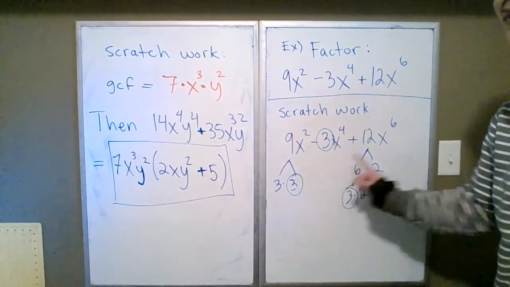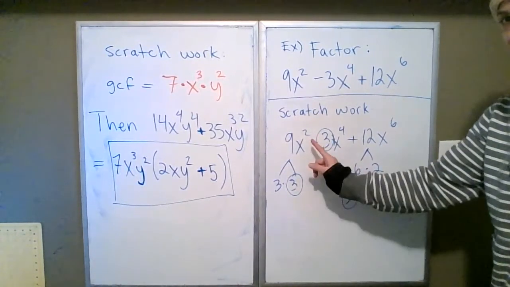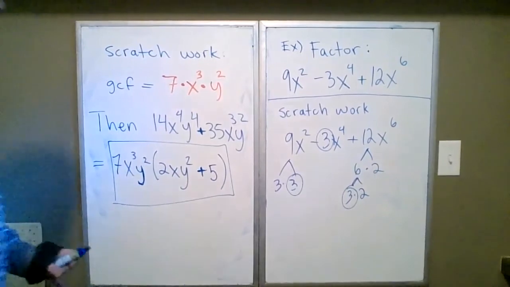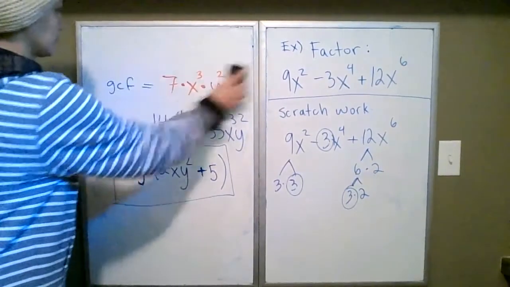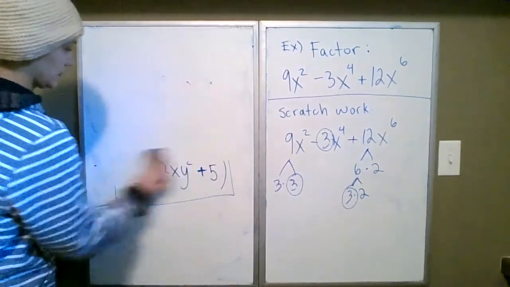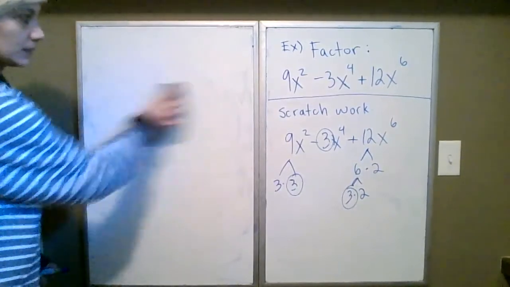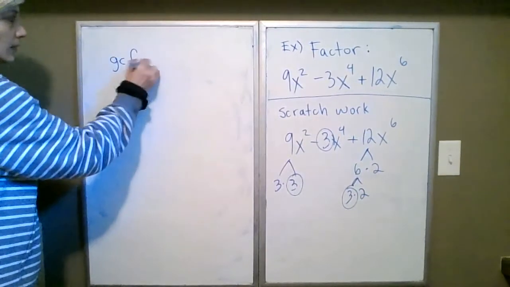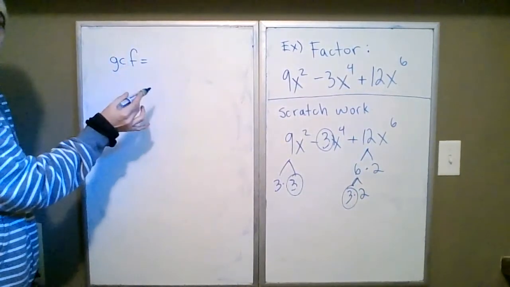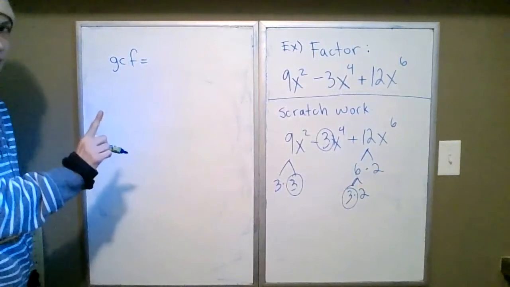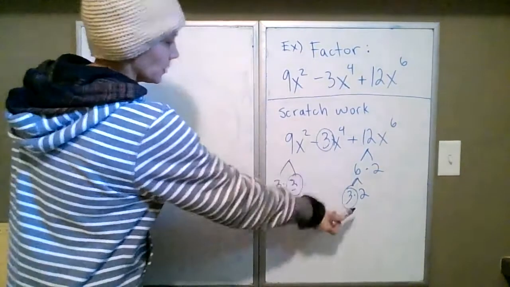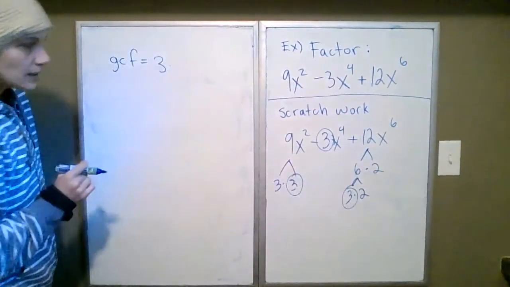We do use x, and we pick the smallest power, x squared. Again, there was a 3 common to all terms, but only one 3 in each of the terms. So just one of these.